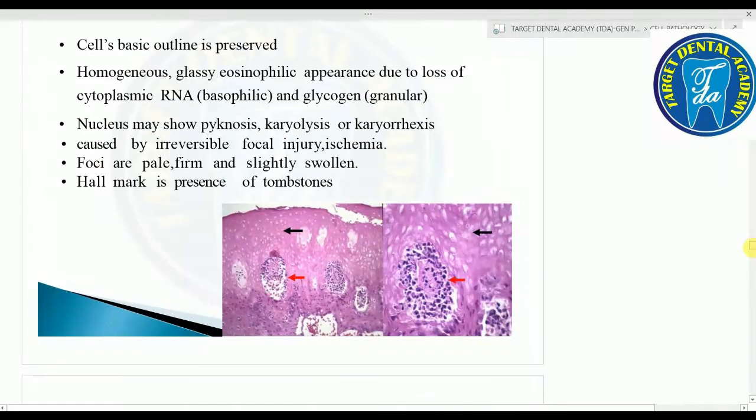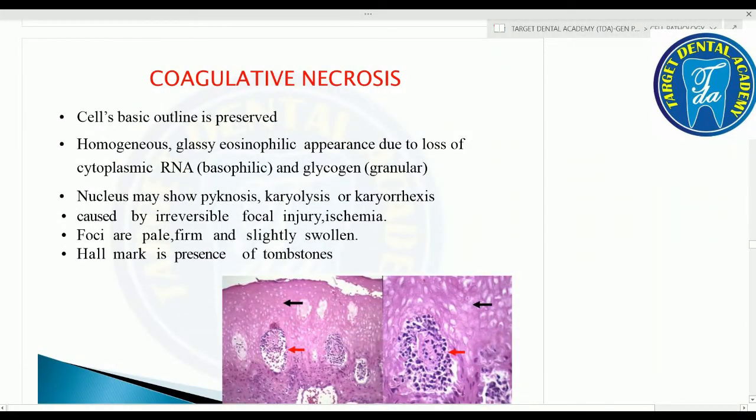Starting with coagulative necrosis, the cell's basic outline is preserved. It has a homogeneous glassy eosinophilic appearance due to the loss of cytoplasmic RNA, which is basophilic, and the glycogen, which is granular.